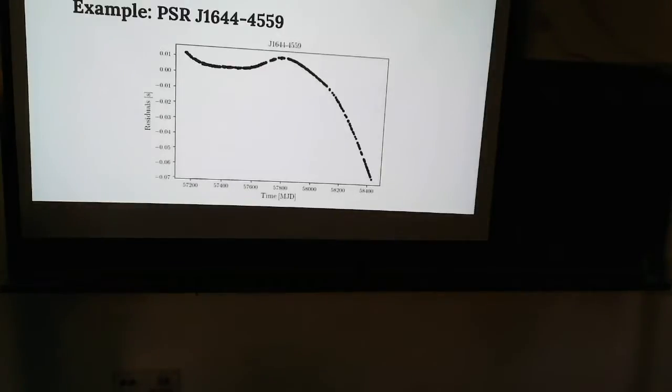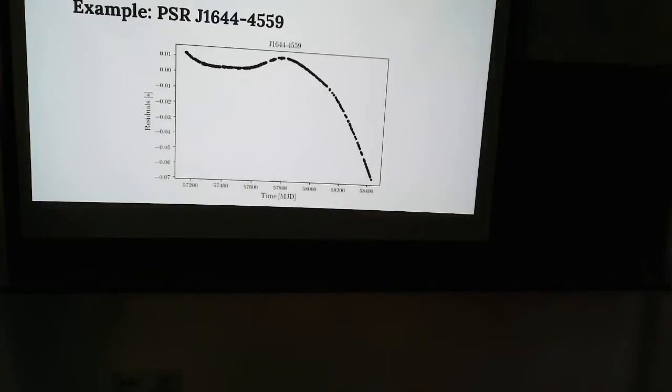So while you might end up with a slightly better measurement of the spin and the spin down, your measurement of F2 is not necessarily correct. But if you're trying to measure F0 and F1, yes, then you need to take that.